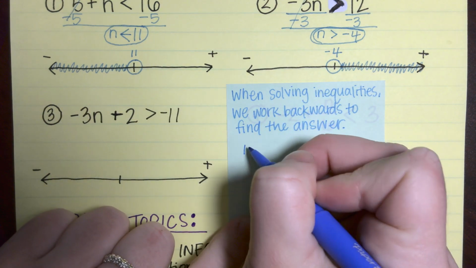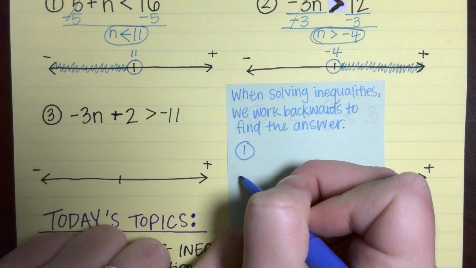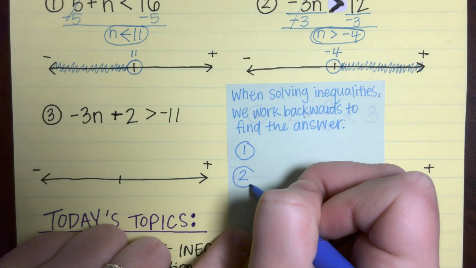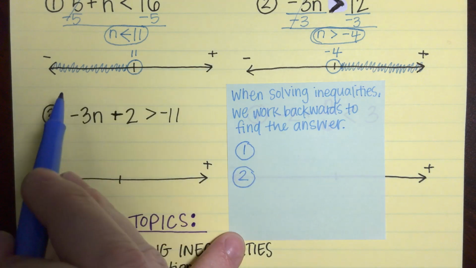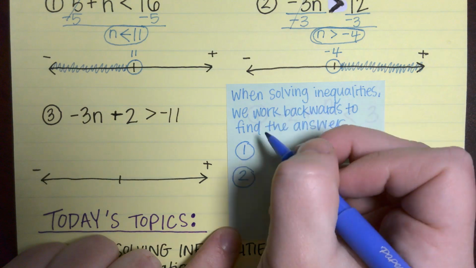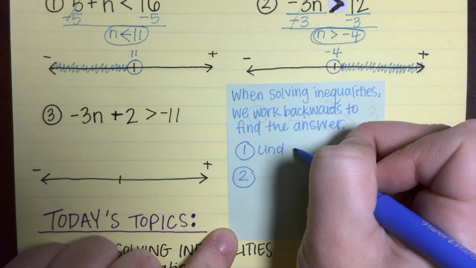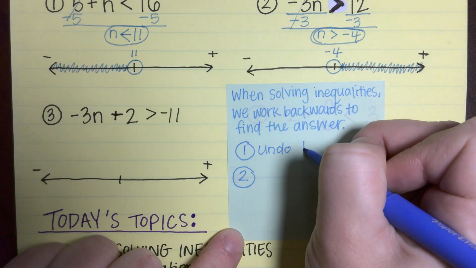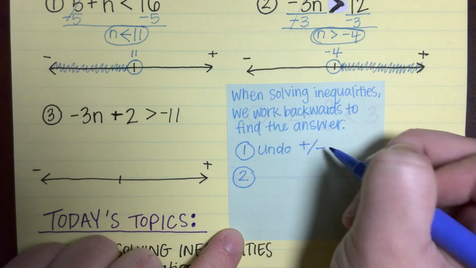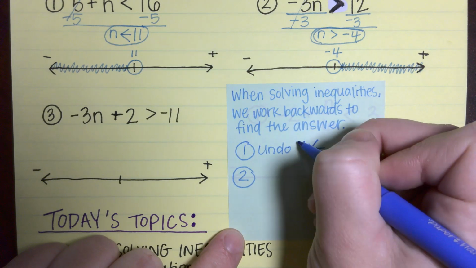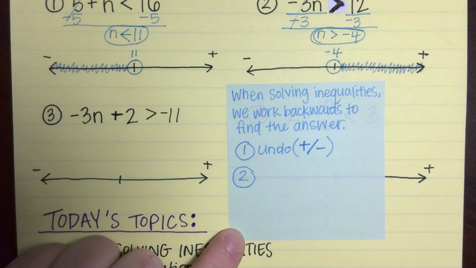So I'm going to write down those 2 steps we talked about last unit. When we have a 2-step inequality or equation, first we undo addition and subtraction. We do that first, since we're going backwards.